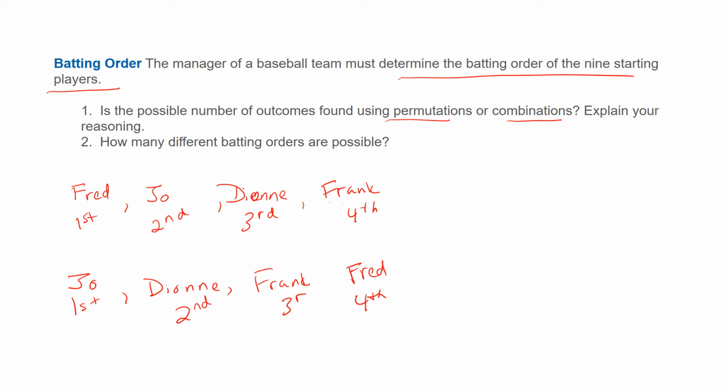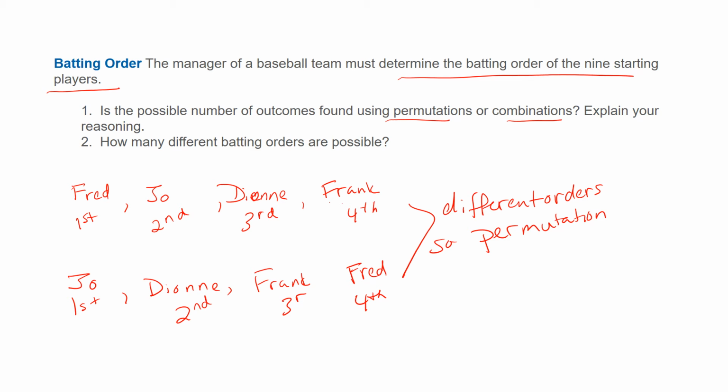Okay, so when you're going to give that batting order to the press box, or whether it's their starting 5 and what positions they're playing, you're going to give them that batting order. If you switch these around, that's not the same batting order. Okay, so these are different batting orders. So this is a permutation.